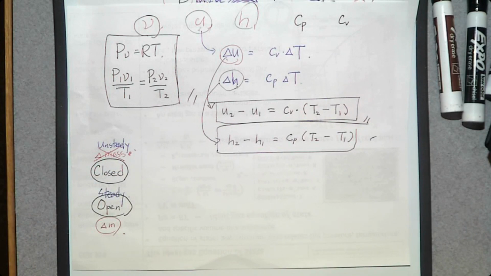Unsteady means time dependent. How do you know whether it is steady or unsteady? You can look at a property of your system. If the property changes in time, that's a time dependent, unsteady system. If the property does not change in time, that's a steady system.